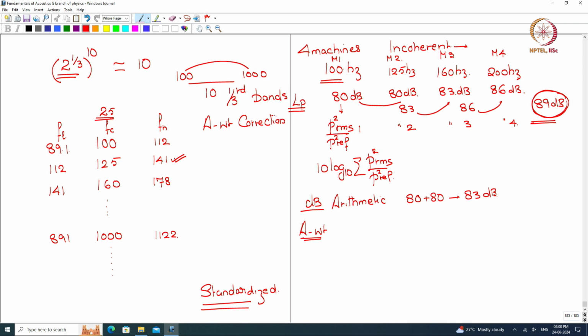The A weight correction for the 100 hertz band is minus 19.1 dB. For the 125 hertz band it is minus 16.1 dB. For the 160 hertz band it is minus 13.4 dB. These are all standardized. And the 200 hertz band is minus 10.9 dB.